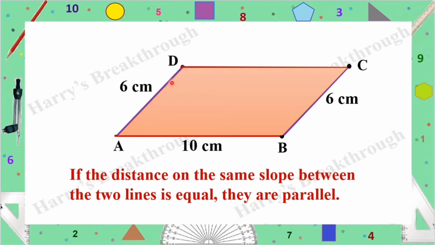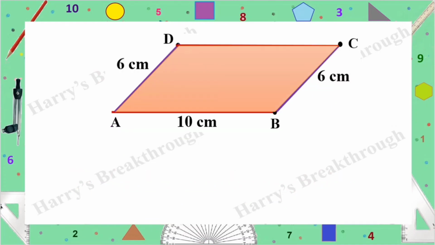That is, if these two lines are at same slope, and the distance on the same slope between the two lines is equal, then they are parallel. So in this figure, we can see that AD and BC are 6 centimeter and AB and CD are 10 centimeter. That is, opposite sides are equal.